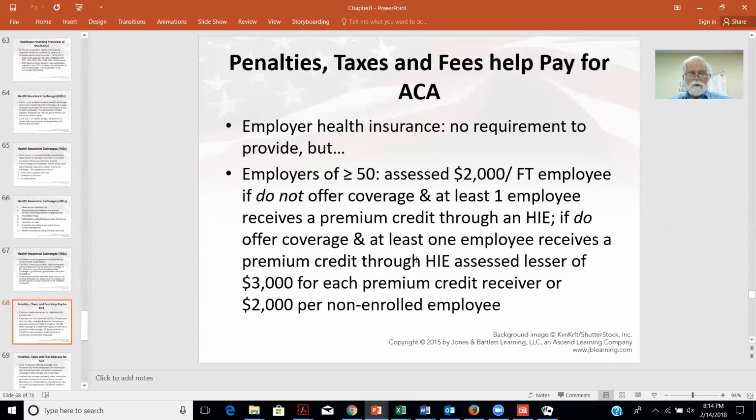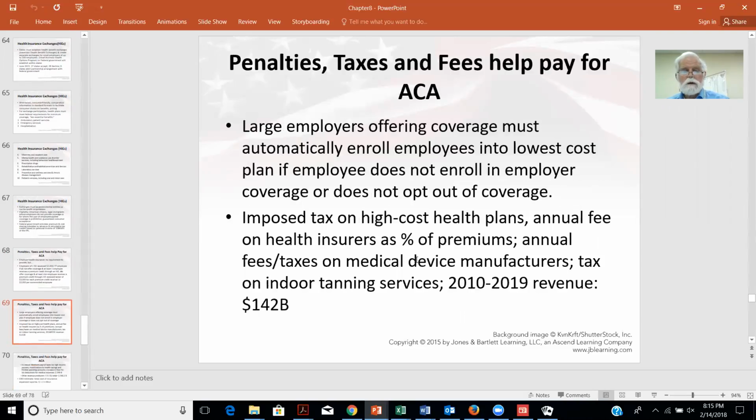If they do offer coverage, and at least one employee receives a premium credit through the health insurance exchange, there is an assessment of the lesser of $3,000 for each premium credit receiver, or $2,000 per non-enrolled employee. Now, this has, of course, resulted in people reducing the number of full-time employees.